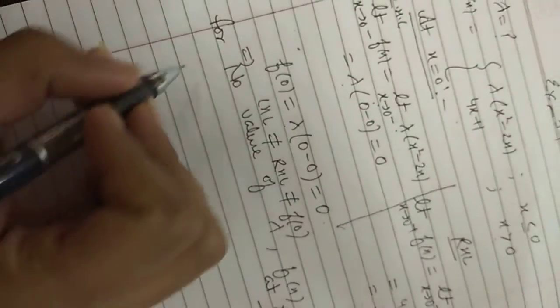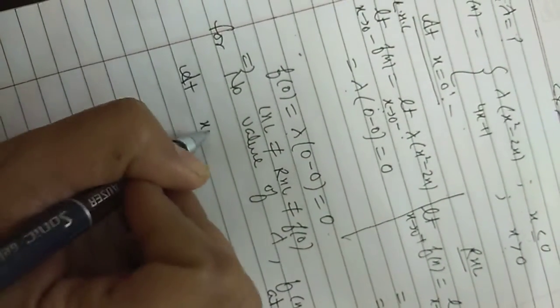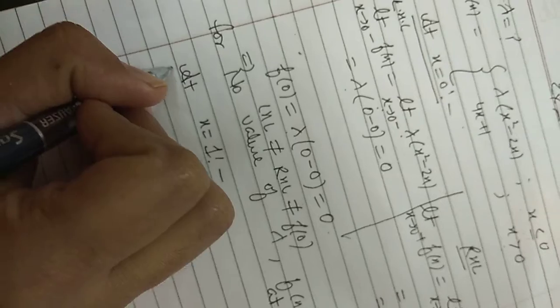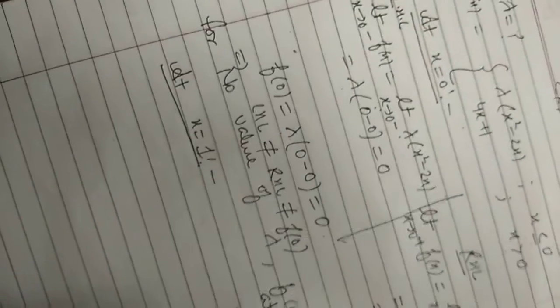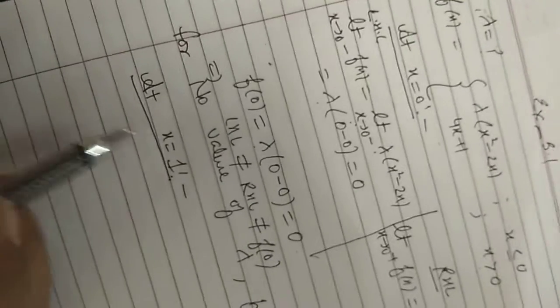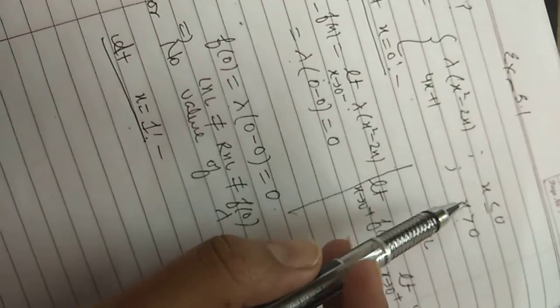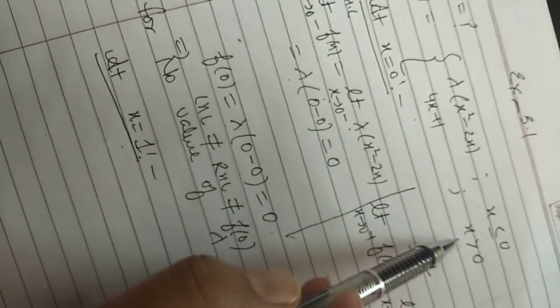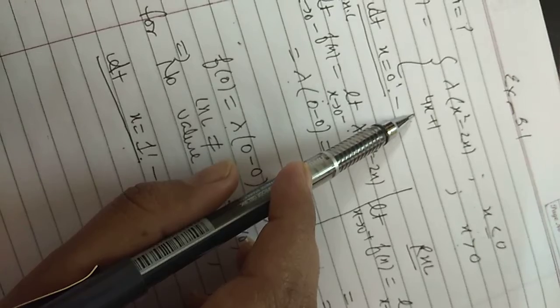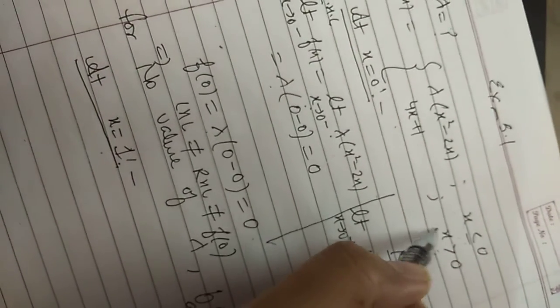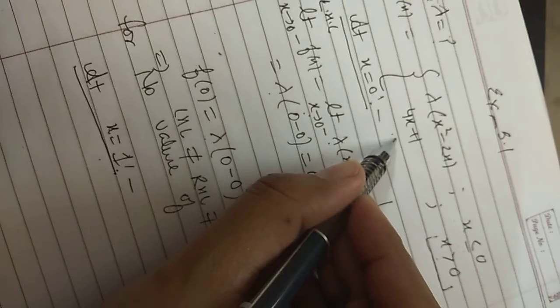Now the next part that we will be checking is the continuity at x equal to 1, the second part of the sum. Now at x equal to 1, 1 is greater than 0, no doubt. We have one function for all x less than 0, and for all x greater than 0 we have only 4x plus 1.